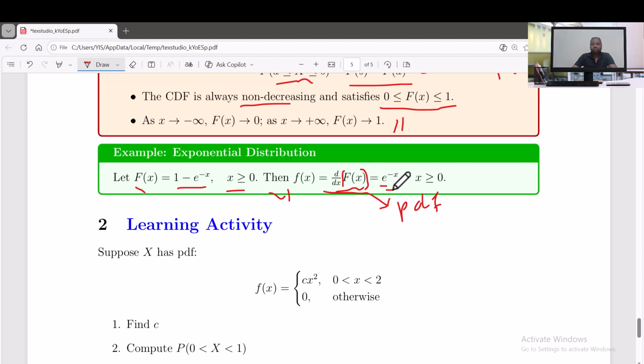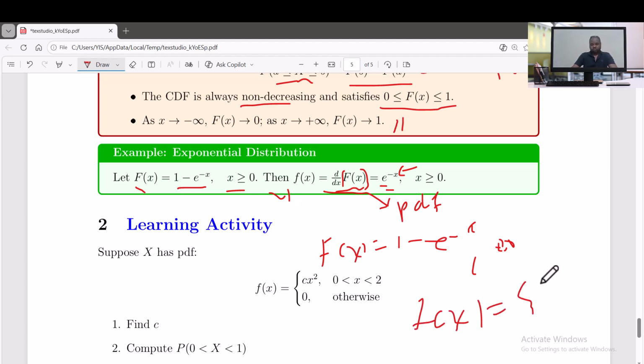This is now the PDF of the random variable, right? If F of x is 1 minus e to the negative x for x greater than or equal to 0, then f of x becomes e to the negative x for x greater than 0 by differentiating this CDF with respect to x, right?